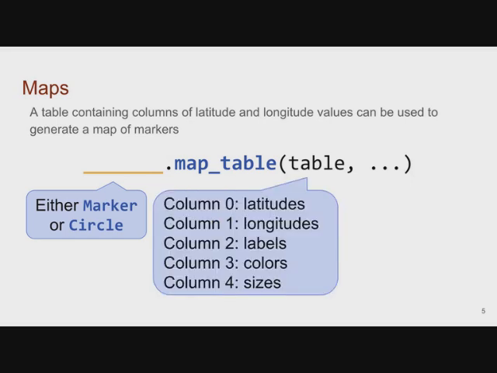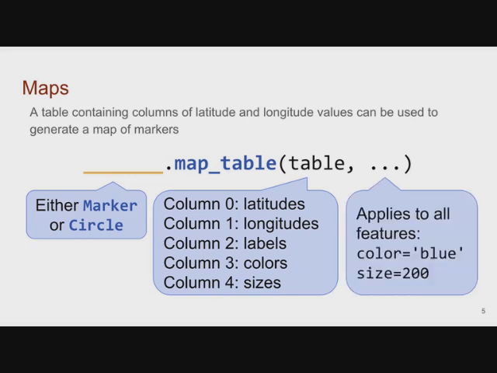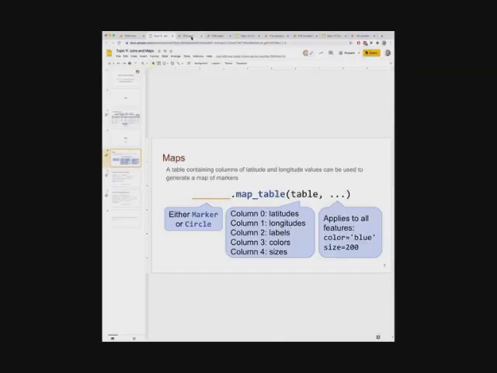You give it a table, and then the other arguments: latitudes, longitudes, then labels, and then colors and sizes. These parameters will apply to all of the features, so you can set the color to blue and the size of either the marker or the circle. This is something that's easier shown.